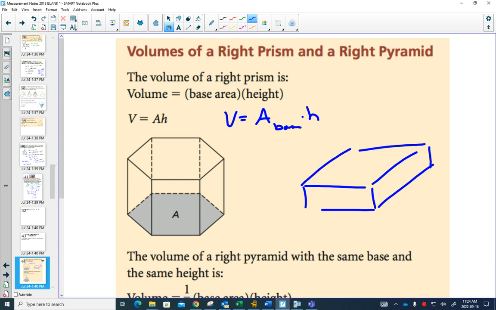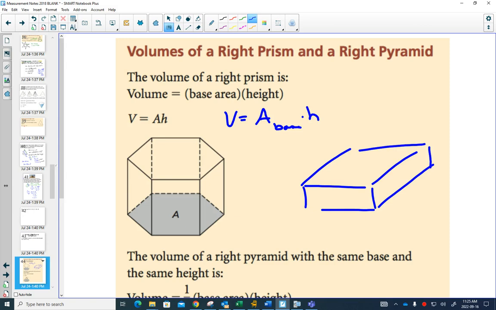Now, volume is measuring space inside. Would you agree when you buy that stack of paper, it is completely filled with paper? There's not a part of it that's something else, not a hole in the middle or anything like that. It's completely paper. Now, how do you count how much paper is in there?